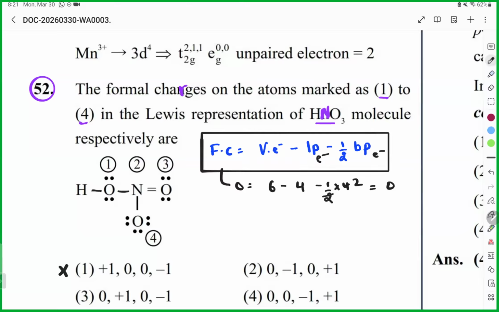Lone pair electron and bond pair electron. Can you explain it again? Yes. When you explain formal charge, it is valence electrons, and in the case of oxygen, valence electrons are always 6, in nitrogen always 5, minus lone pair electrons, minus 1 by 2 bond pair electrons. This is the formula to calculate formal charge. Now you have to apply it in each case and calculate the value.